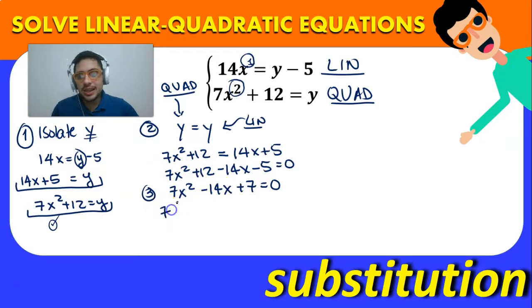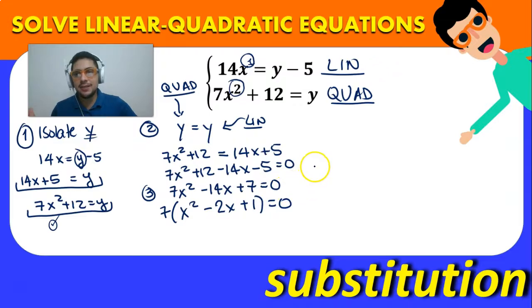So we can factor 7 out of there, and we divide everything by 7. So the monomial, which is a common factor, is 7. So 7x squared divided by 7 is x squared. Then minus 14x divided by 7 is minus 2x. And then plus 7 divided by 7 is plus 1. And that is going to be equal to 0. Now when we move 7 to the right side, we divide 0 by 7, which means that we're left with the equation x squared minus 2x plus 1 is equal to 0.